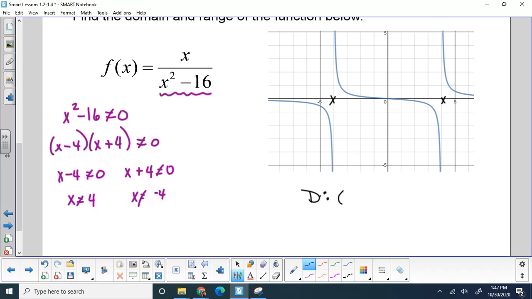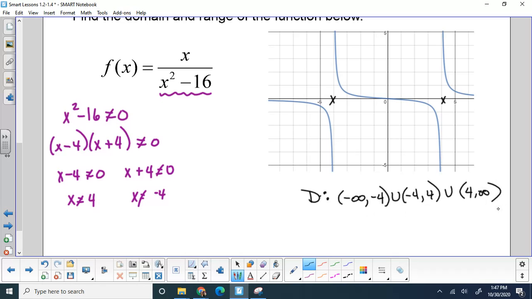So I'm going to write my domain in interval notation, negative infinity to negative 4. It also exists from negative 4 to 4, and then again from 4 to infinity.